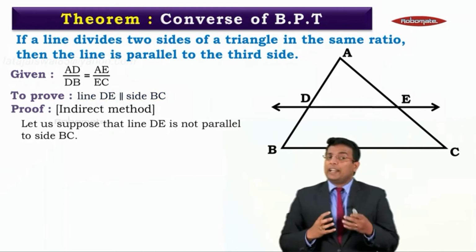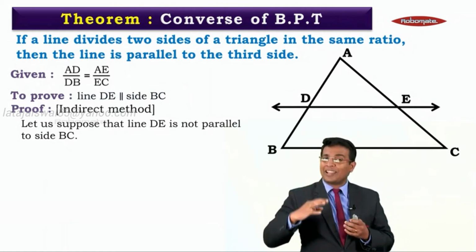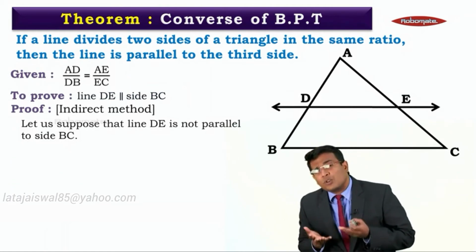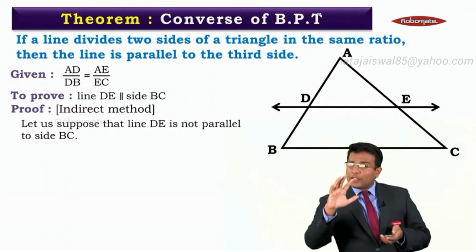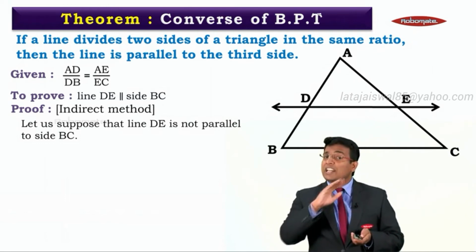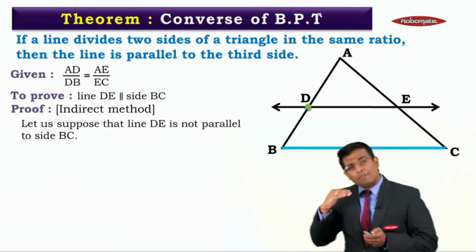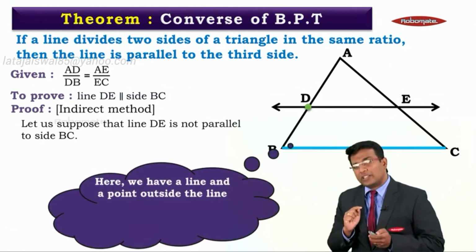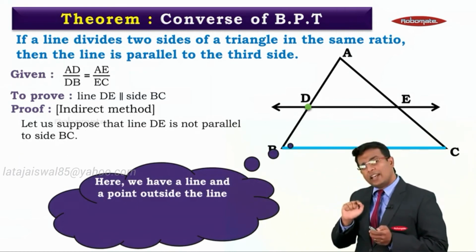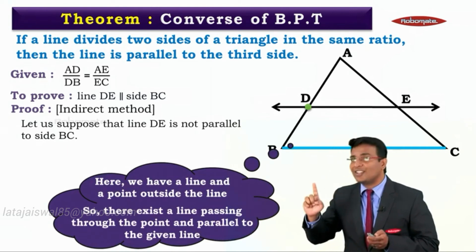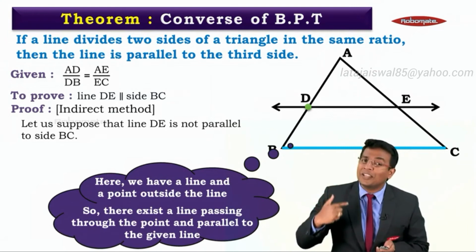Now what happens in an indirect method is you make an assumption and on the basis of that go on proving, and ultimately you will realize that your assumption was wrong and whatever was your to prove is correct. So on the basis of this assumption, let's start solving. We have assumed that DE is not parallel to side BC. But students, understand, when we have a line BC and a point D outside the line, there exists a line which passes through that given point and is also parallel to the given line.